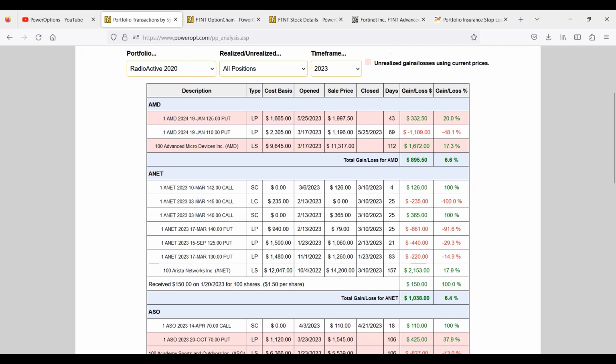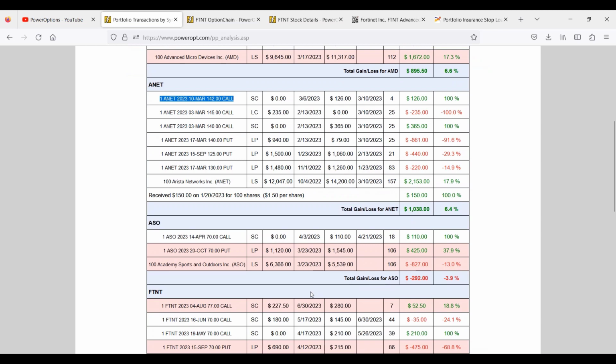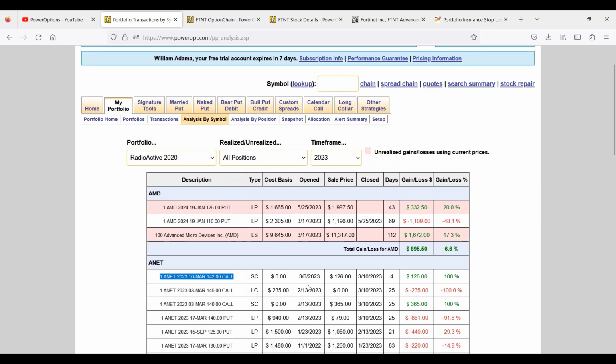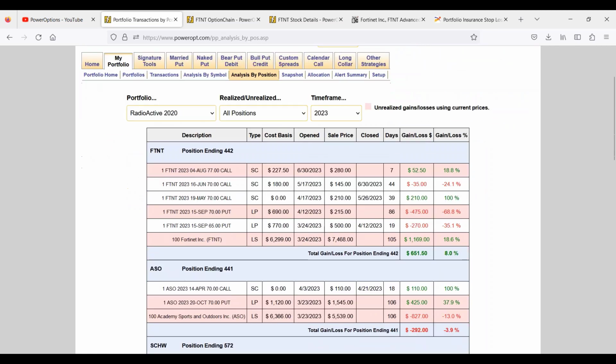In the analysis by symbol, any position, whether part of that covered call, married put, collar, iron condors, or a strangle you might be using, is all listed under the same one. Some of our subscribers asked us, can we separate that out so that I can see the SPY returns just for what I'm doing in my married put, collar, or covered call versus what I'm seeing for my iron condors and debit spreads? That's where the analysis by position came in.